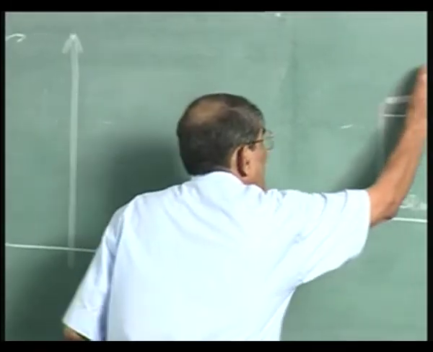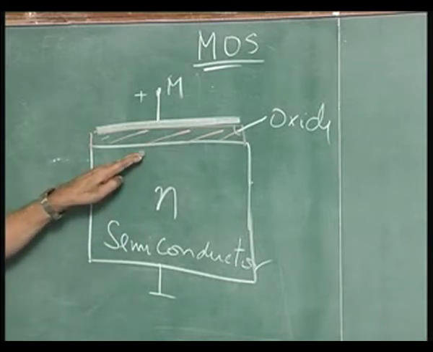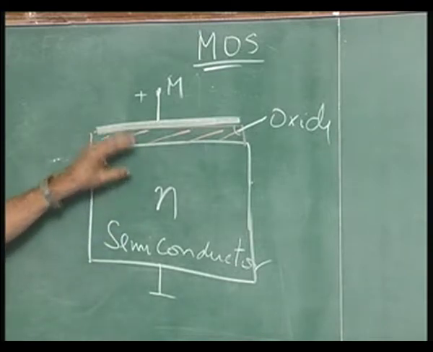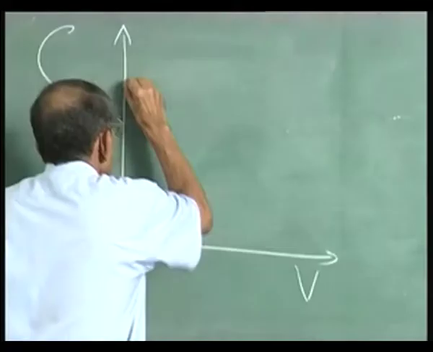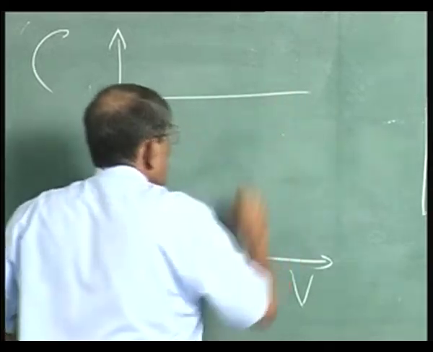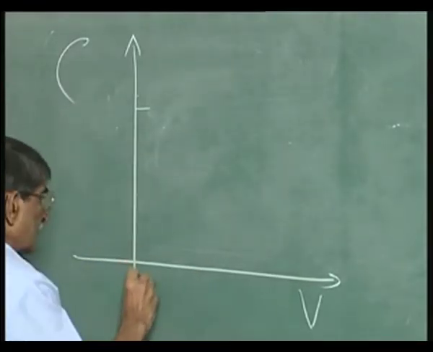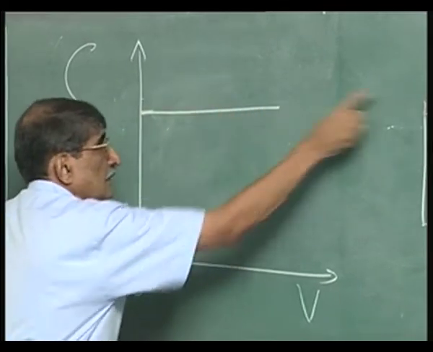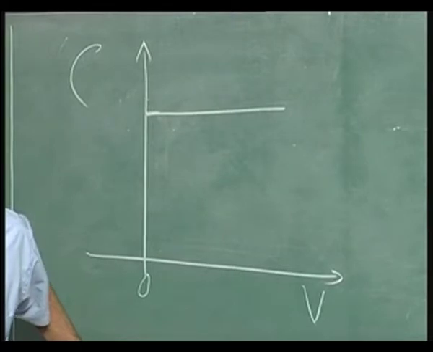If I apply plus voltage, negative charges will be accumulated on the surface, and the capacitance will be that of the oxide. So, when I apply plus voltage, ideally it should be flat, because it is the capacitance of the oxide. I am just drawing that to explain it.